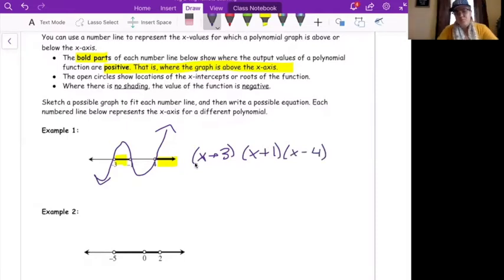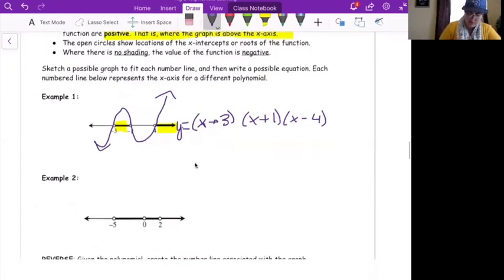And so we know that all of these factors are just going to be the factors themselves because they cross through each of the x-intercepts. And so with this, it could be a cubic function. We don't actually know, but this is a possibility for what the equation could be. So let's now look at example 2.